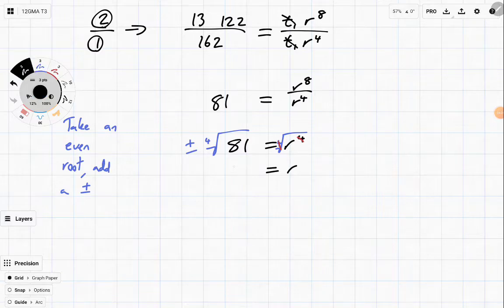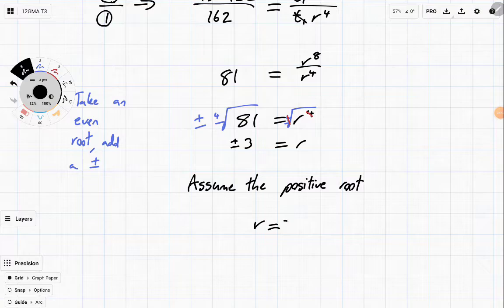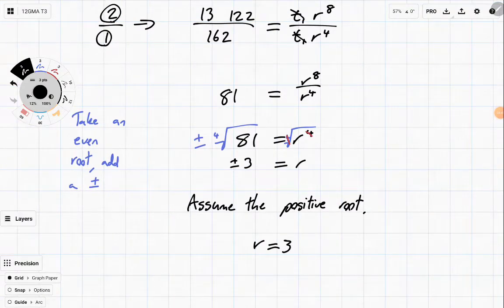The 4th root of 81 is just 3, and so we get plus or minus 3. Now we could go through and solve this 2 different ways, but what we usually do is we assume the positive root, meaning we're assuming r is equal to 3 and not negative 3. This is an assumption, and you need to state it. We don't know that r should be positive. However, most questions will tell you if you get plus or minus, then assume the positive common ratio.